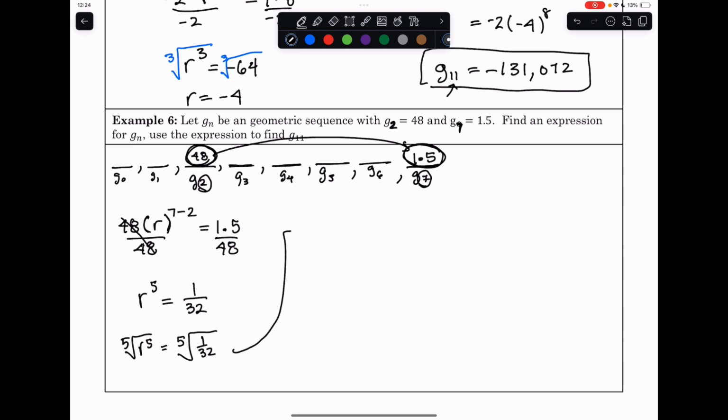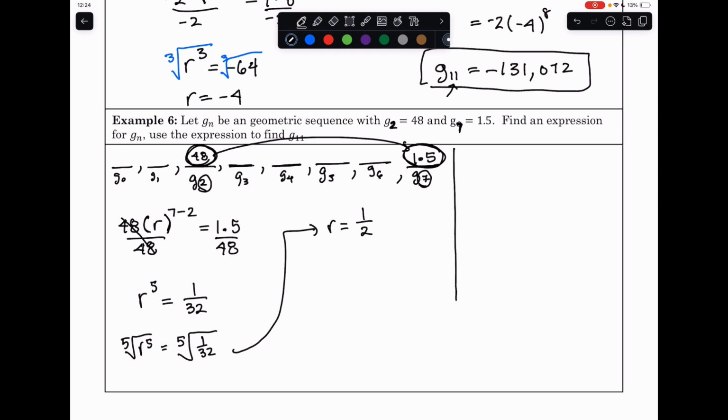And that's going to give us that r is equal to 1 over 2. Let me just double check that I got it correct. Yep, 1 over 2. So there we have our common ratio.